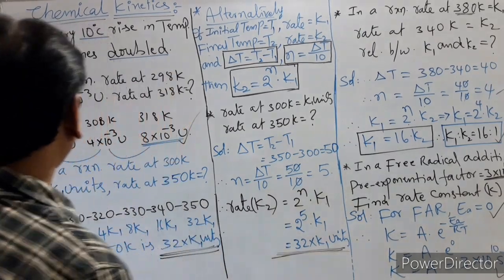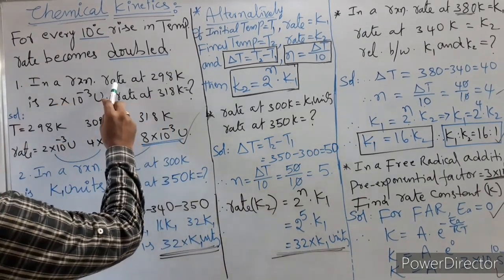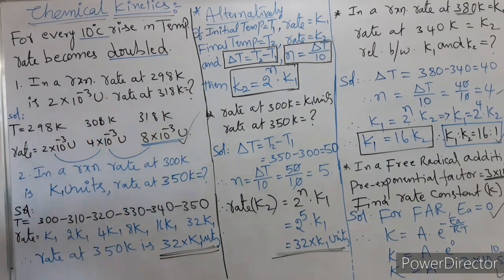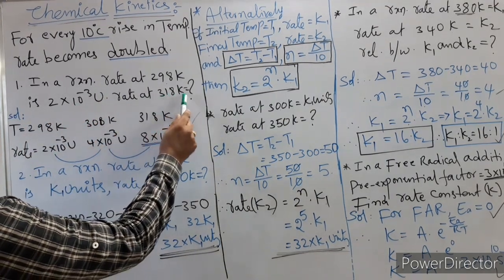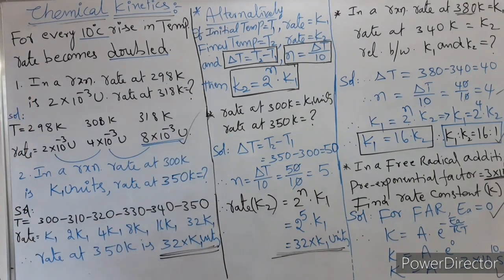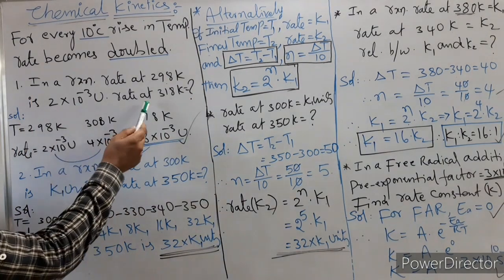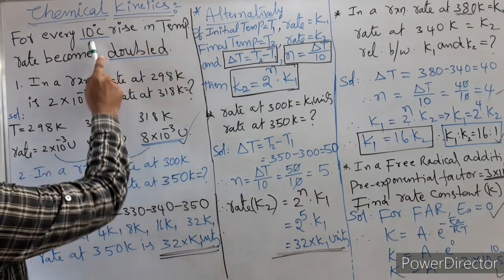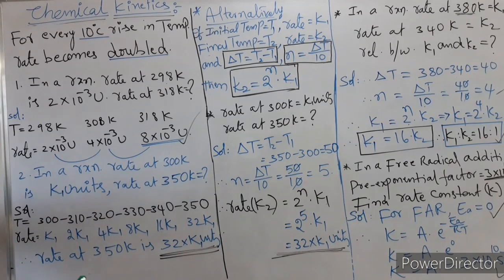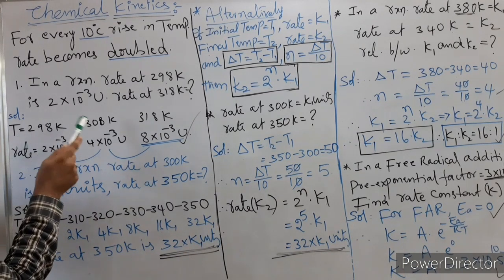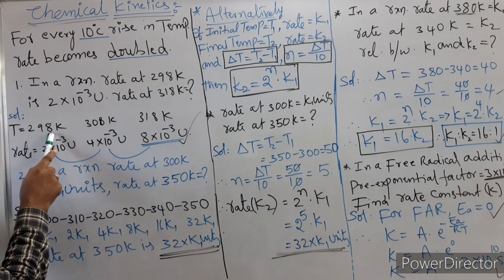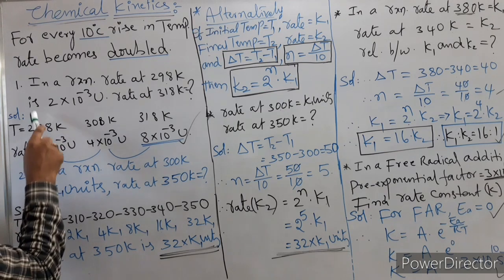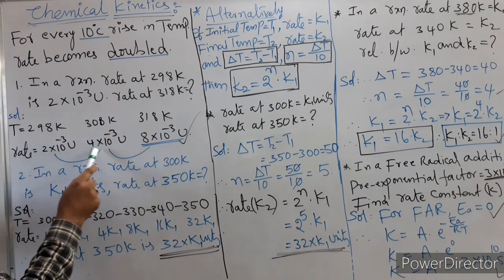First one: in a reaction, the rate at 298 K is 2 into 10 power minus 3 units. The rate at 318 K is dash. This is a very simple problem. For every 10 degrees rise in the temperature, the rate becomes doubled. If the initial temperature is 298 K, if it is a 10 degrees rise, what happens? The rate becomes doubled.